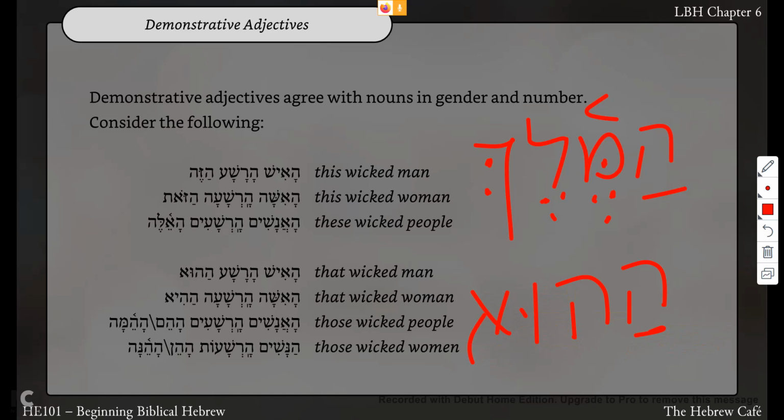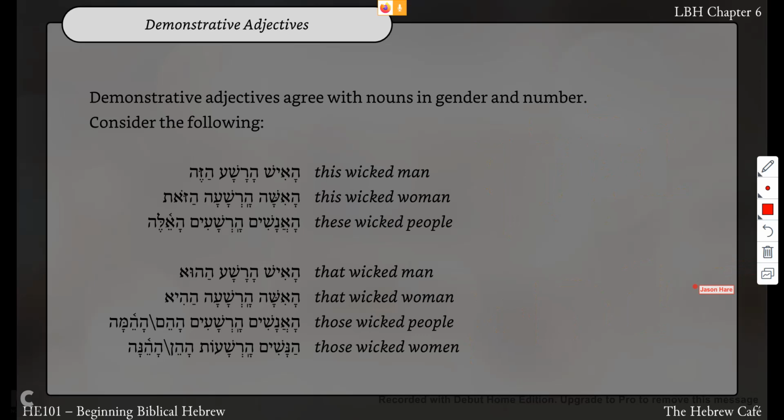So how would we say this king? Melech hazeh. And that king, melech hahu. If you say queen instead of king, it's malka. Okay, malka. Ha-malka hazot. Ha-malka ha-hi.